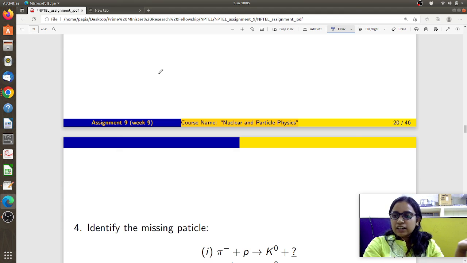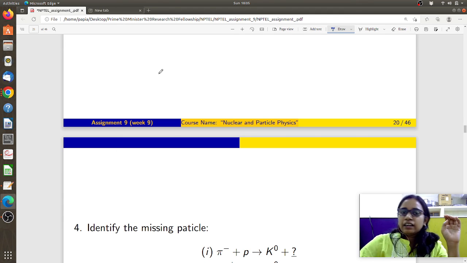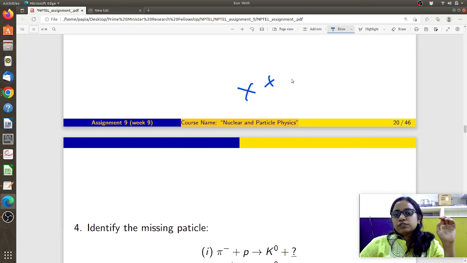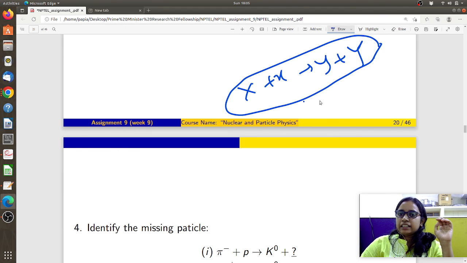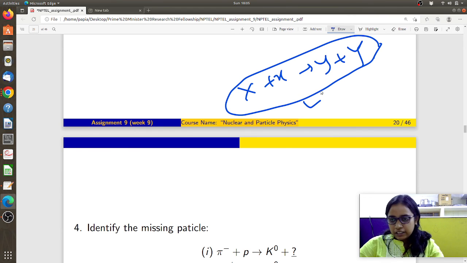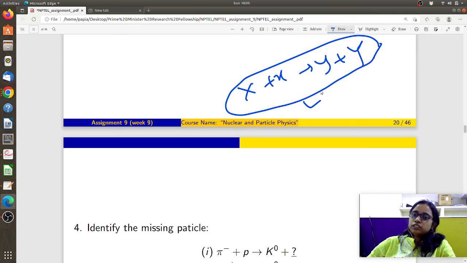In most competitive exams you can see these types of things, like x plus x, then y plus capital Y, and they just ask what the nature of this nuclear interaction is. That's why I was totally focused on these questions.